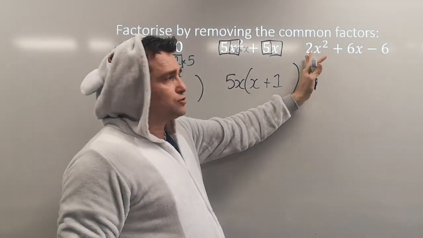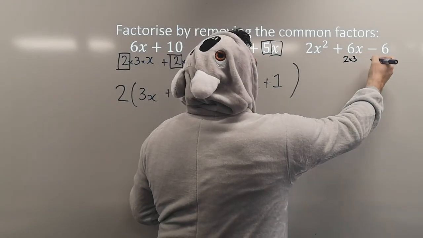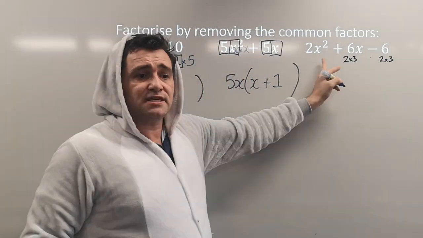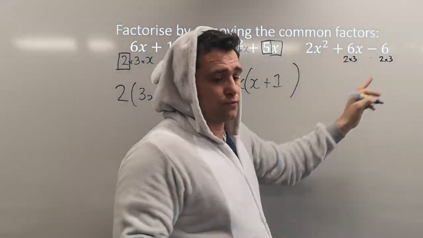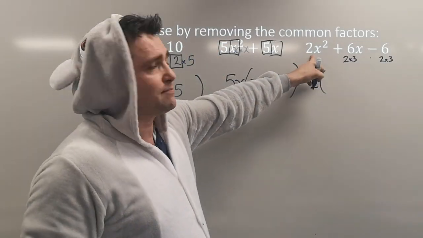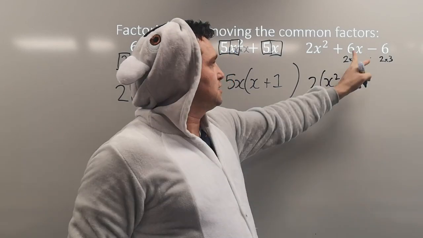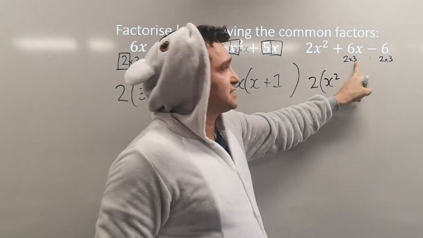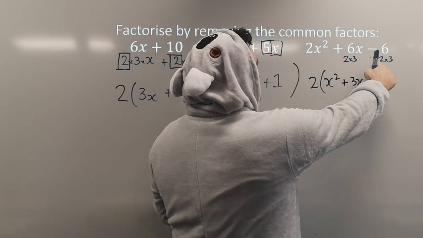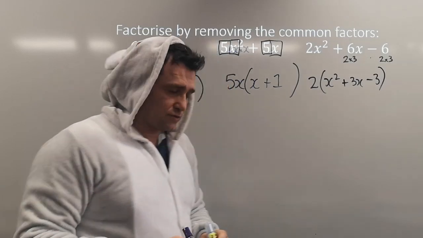With our numerals, we've got a 2, a 6 which is 2 times 3, and a 2 times 3. So everything in terms of factors has a 2, and we can bring our 2 out the front. If I take my 2 out, what's left? x squared. If I take my 2 out, what's left? 3x. If I take my 2 out, what's left? Minus 3.